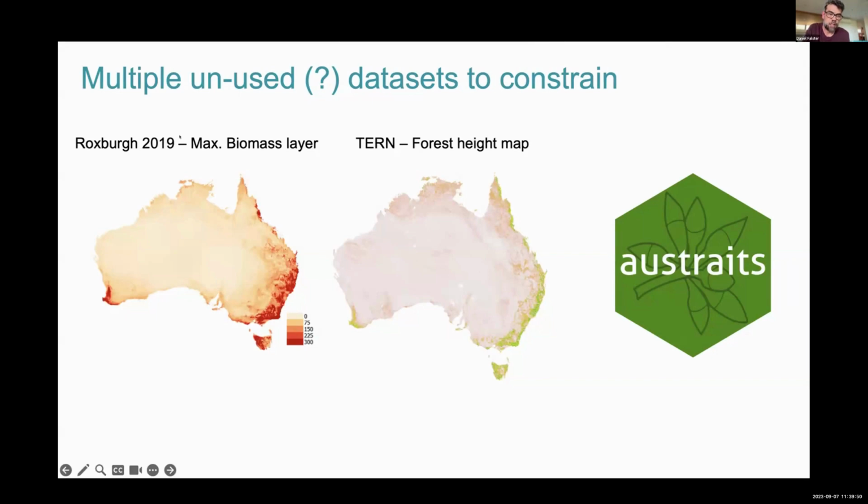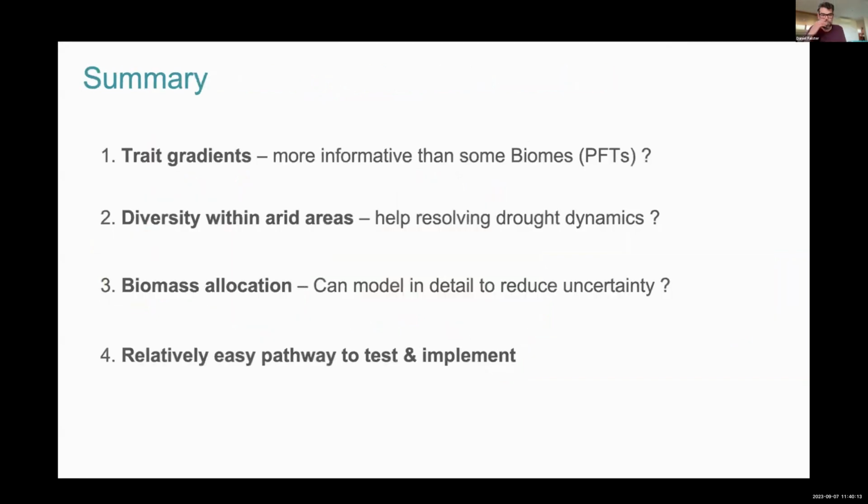There's Stephen Roxburgh's maximum biomass layer in Australia, which is a CSIRO product based on lots and lots of field data. There's the TERN forest height map. We have AusTraits where we have data like wood density, leaf mass per area, and so forth. And these seem like they should all be brought to bear on the problem. Okay, so there's my 3 points.